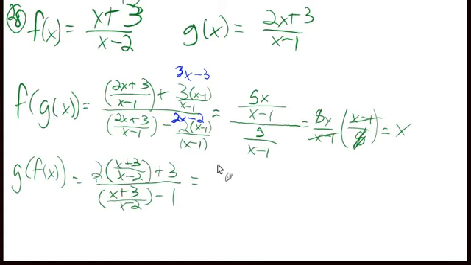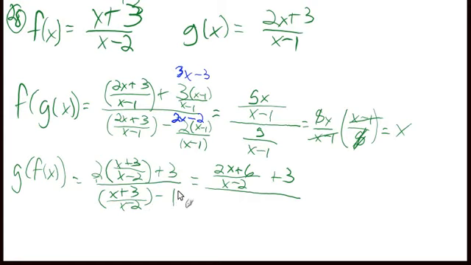distribution. So up here we have 2x plus 6 over x minus 2 plus 3 over just what this is. Since we don't have to do any distribution, let's do this step here that we did similarly up here.